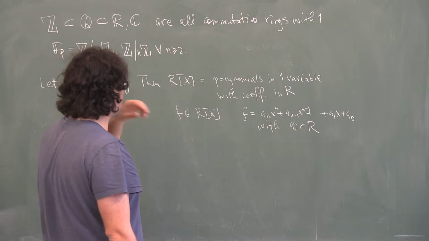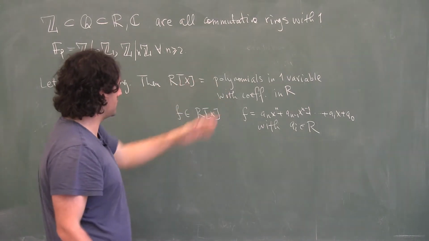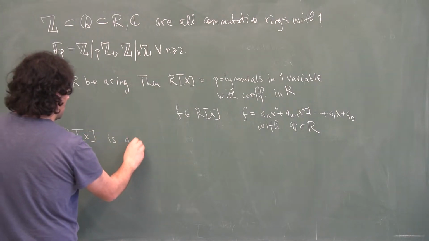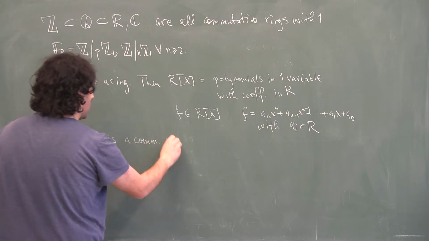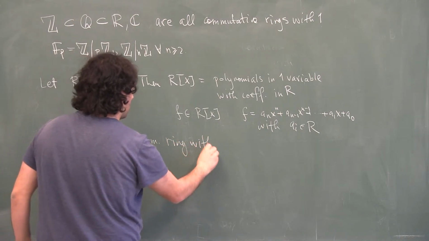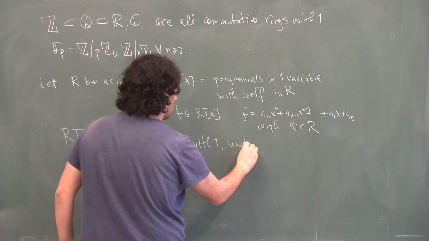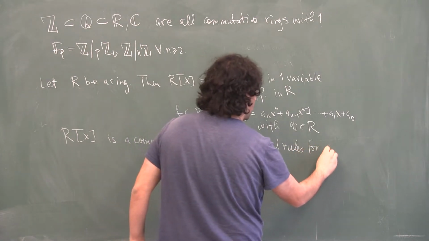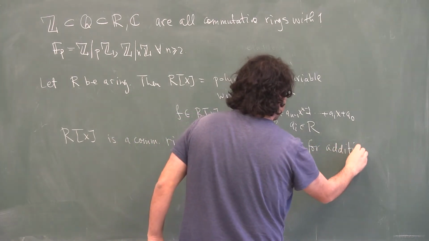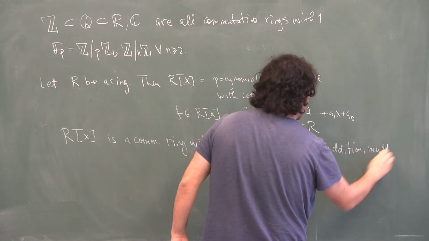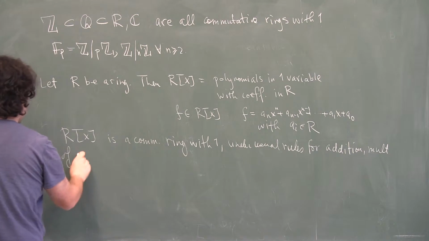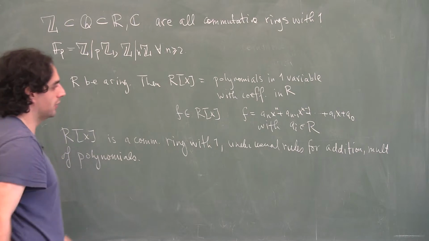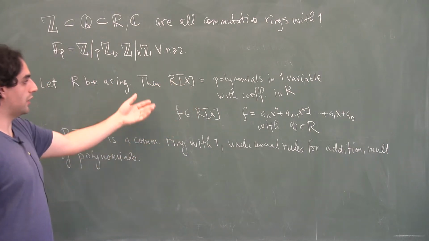All right, so I've given you a set, but R[x] is a commutative ring with 1 under the usual rules for addition and multiplication of polynomials. And so this construction gives us a lot of interesting examples.